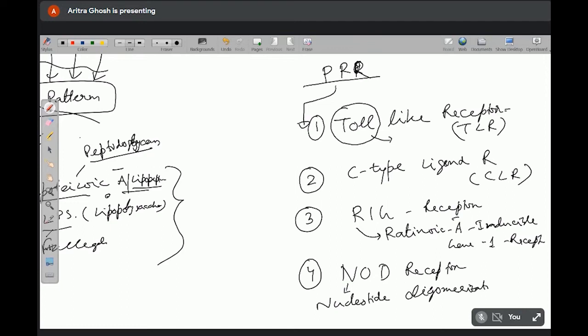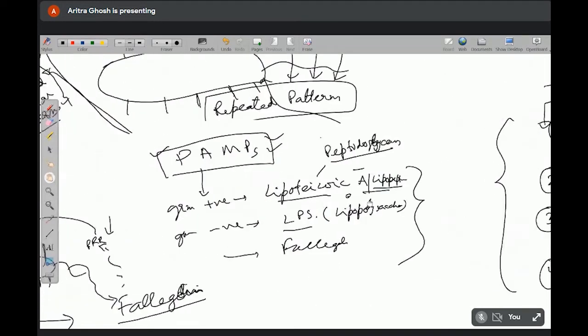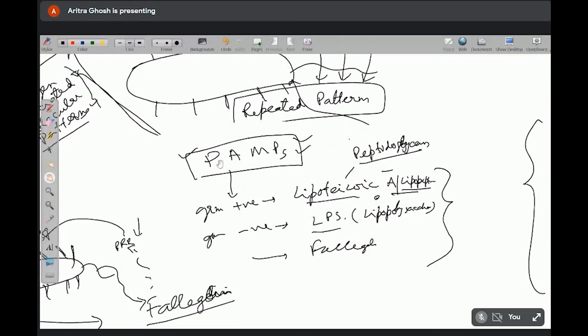Now how it acts, why it is present, is much more important. We know that these are present on the outside of a bacteria, like this, it is here. But what about these?